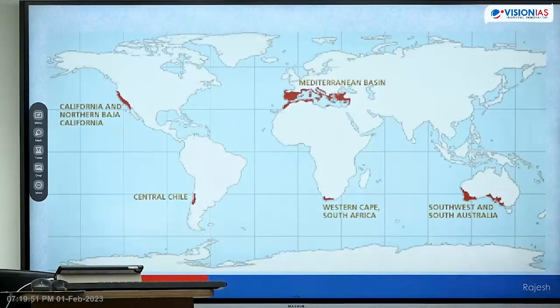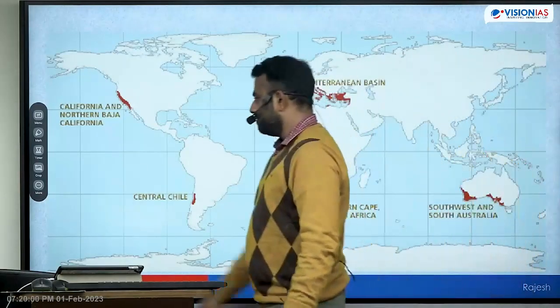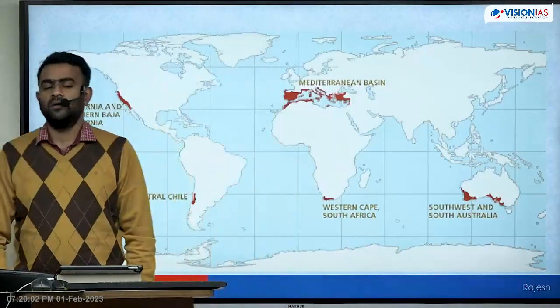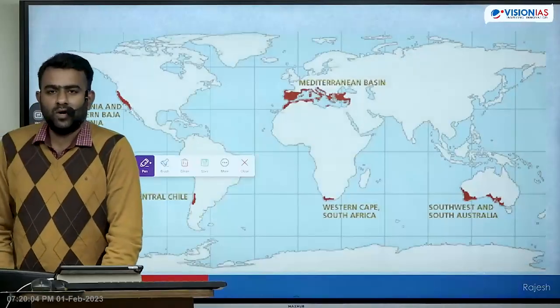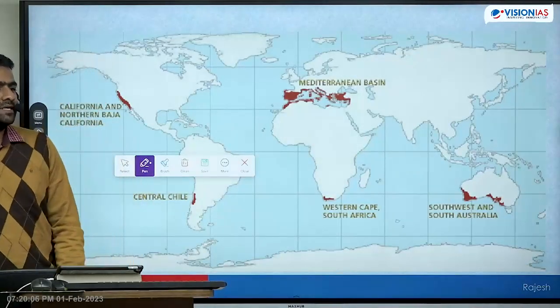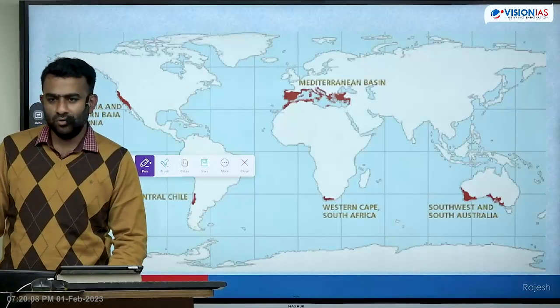You know, warm temperate zone is a very special type of zone. It's because of the reason that it is located between trade winds and westerlies. दोनों के बीच में फंस गया.